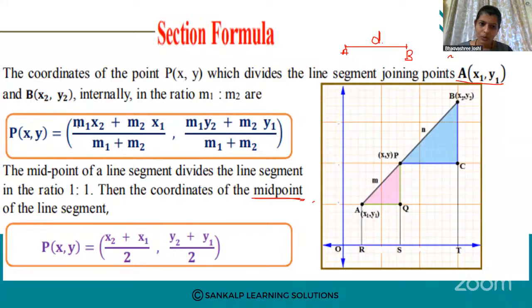Then 1 into x2 plus 1 into x1 divided by 1 plus 1, that is 2, and 1 into y2 plus 1 into y1 divided by 2. So the coordinates of the midpoint of the line segment are x2 plus x1 divided by 2 and y2 plus y1 divided by 2.